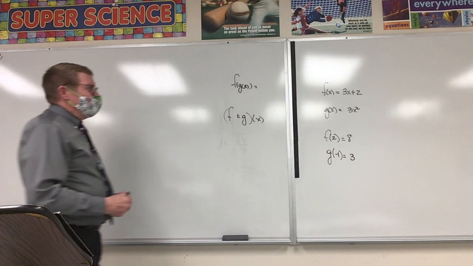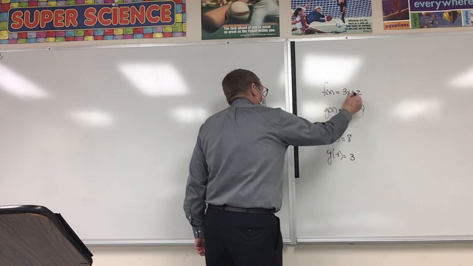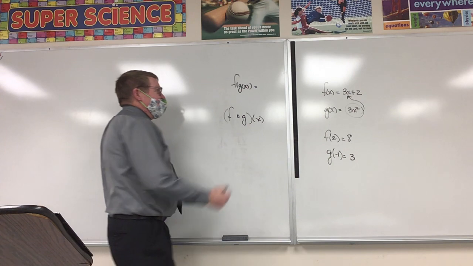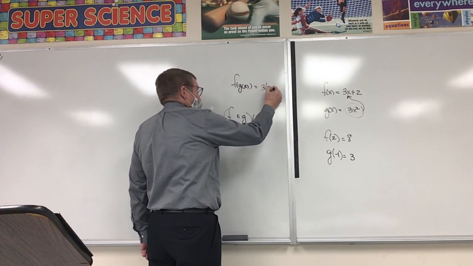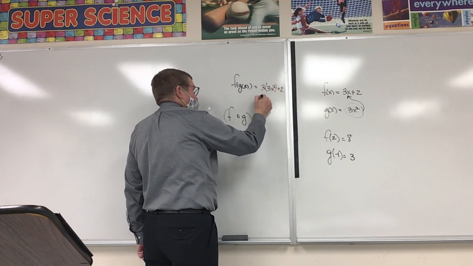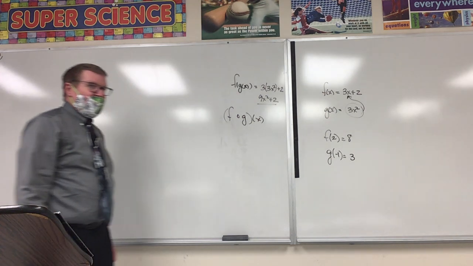So in this case, I would take the 3x squared and put it in for the x to get 3 times 3x squared plus 2, which would be 9x squared plus 2, which would be my answer.